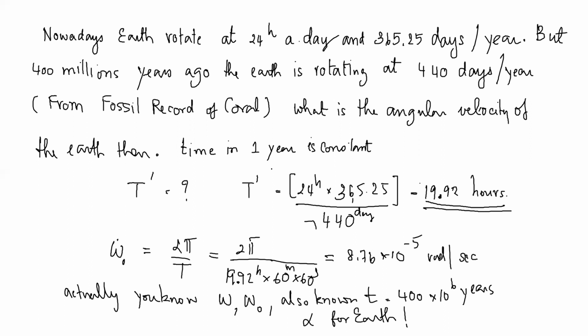We know that today the Earth rotates at an angular velocity of 7.27 times 10 to the minus 5, and the two instances are separated by 400 million years, or 400 times 10 to the 6 years. So we find that alpha for the Earth is omega minus omega 0 divided by t.